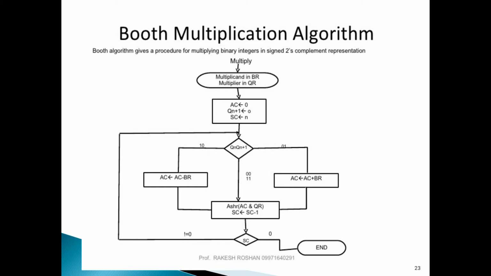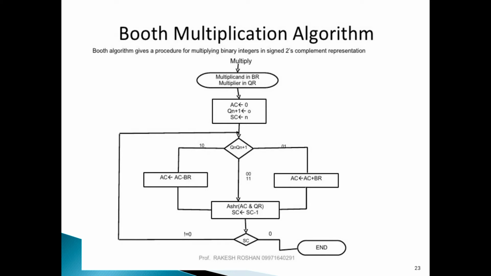If Qn comma Qn plus 1 is 0 1, then add AC and BR, and the result is transferred to AC.